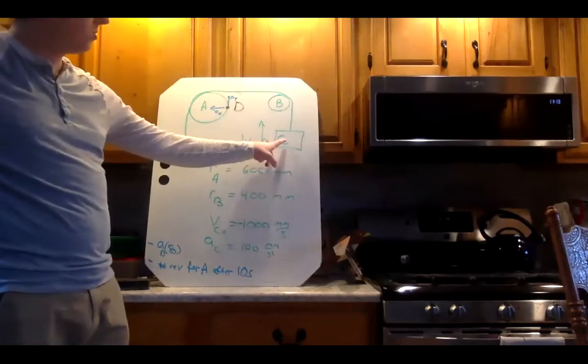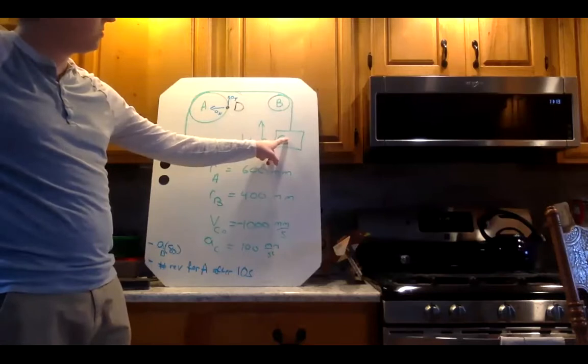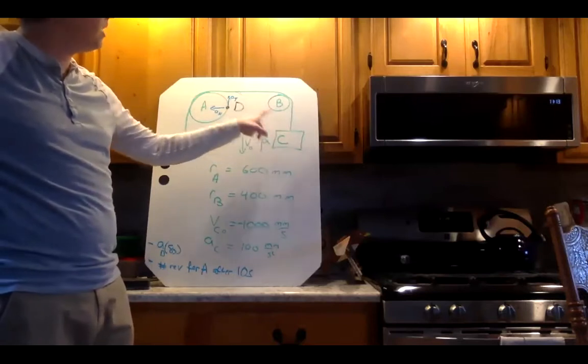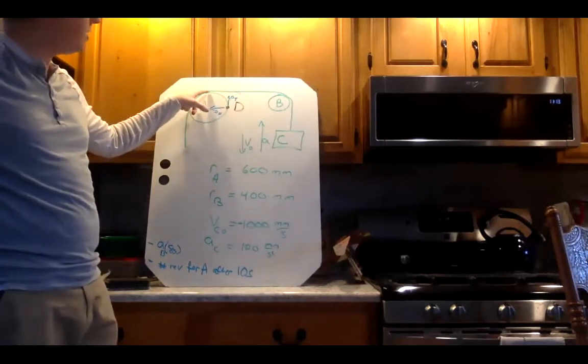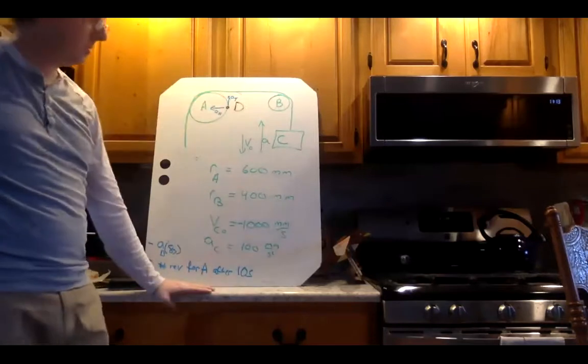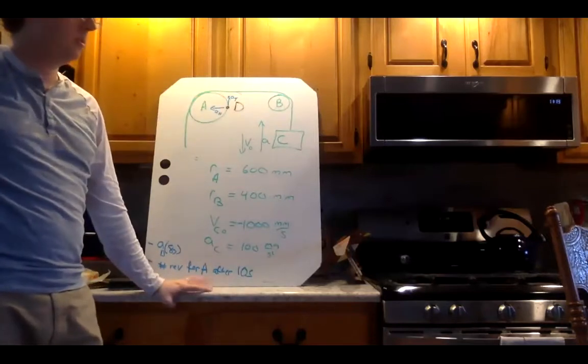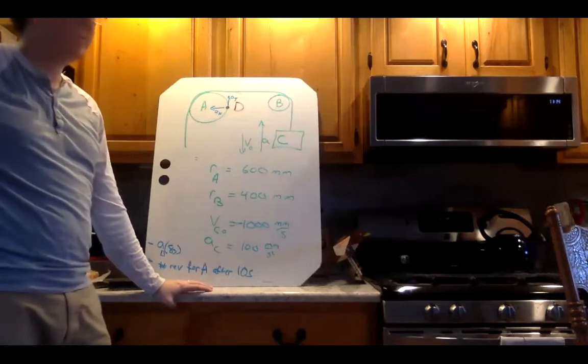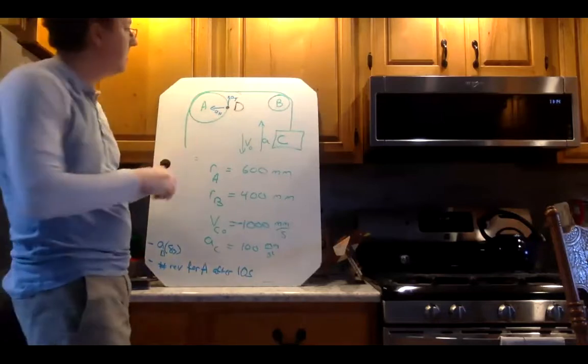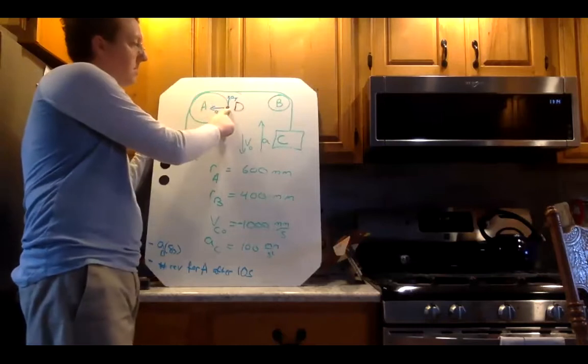Well, if you know the acceleration of c, how is it related to the acceleration of a point on this wheel? They have to be the same. Yeah, well, almost. The tangential acceleration has to be the same.